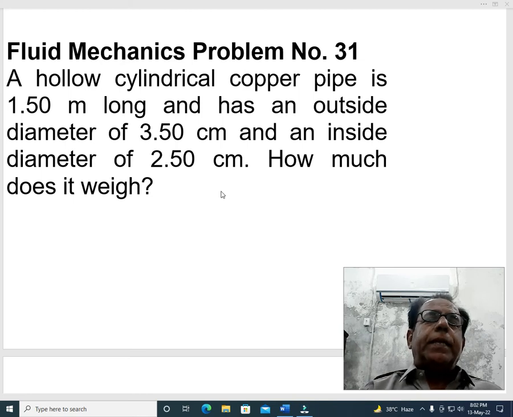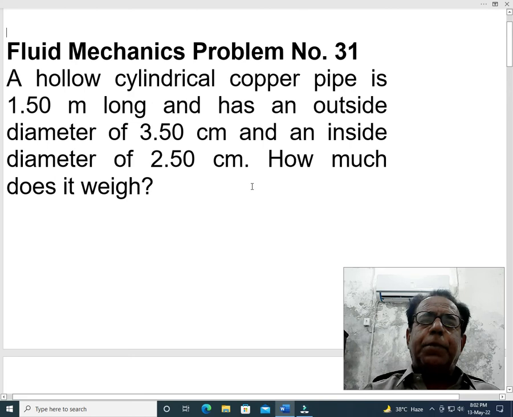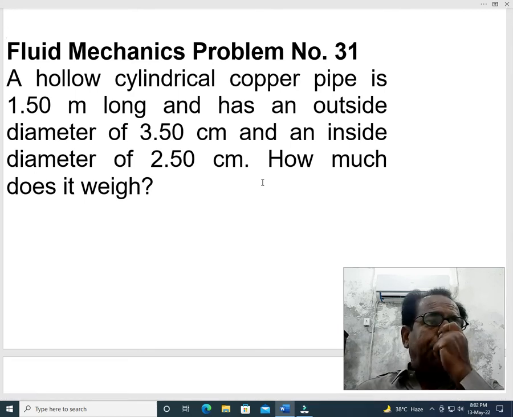Okay, that is fluid mechanics, problem number 31. As usual, we first come towards the statement of the problem. A hollow cylindrical copper pipe is 1.50 meter long and has an outside diameter of 3.50 centimeter.